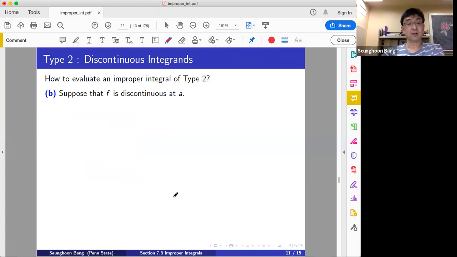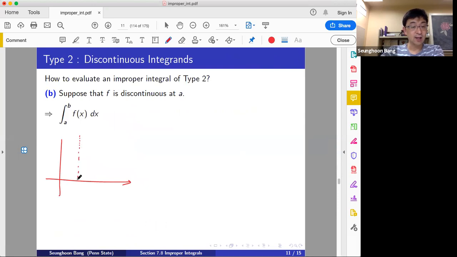Second case. Suppose that function f is discontinuous at a. How can you calculate in a similar way? The only difference is here: the function f is discontinuous at a. So the graph is like this. This one has an infinite discontinuity from a to b.